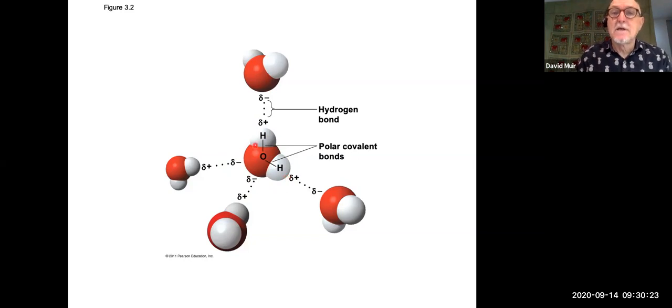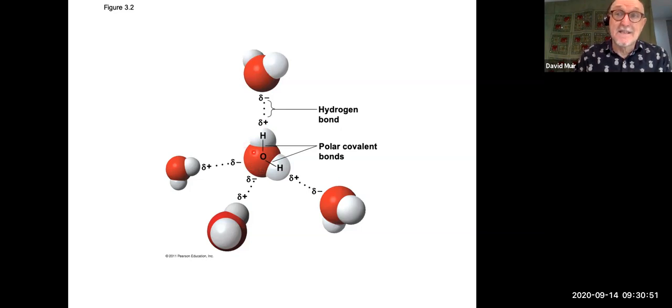And as a result, the hydrogens, which have the electrons for less time, have a slightly positive charge. It's here described as delta plus. The delta charge is a slight difference in charge, and it's slightly positive for the hydrogens. Correspondingly, because the electrons which are negatively charged spend more time around the oxygen, the oxygen is negatively charged.